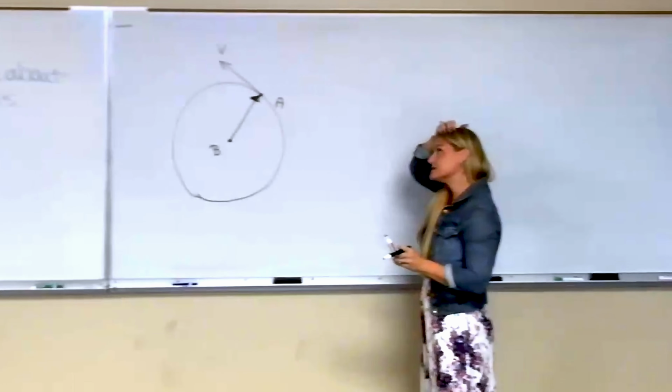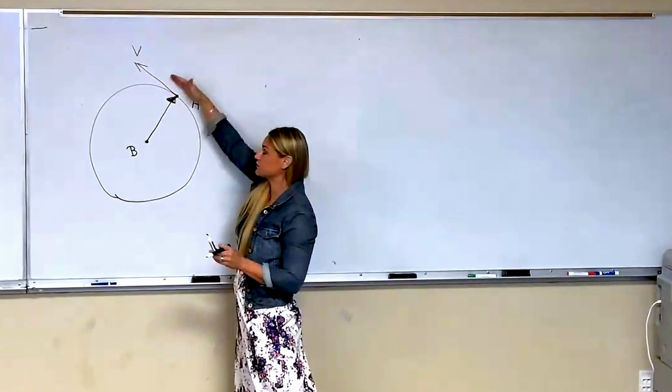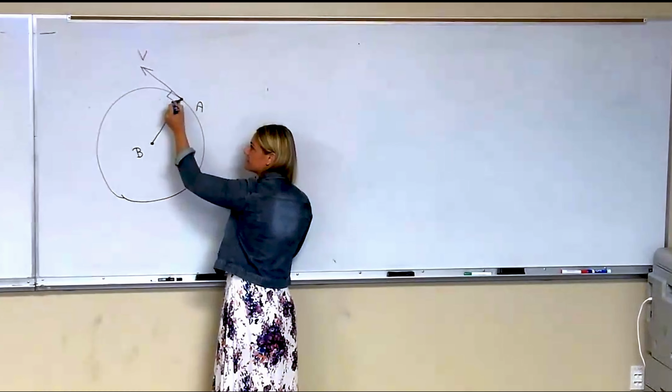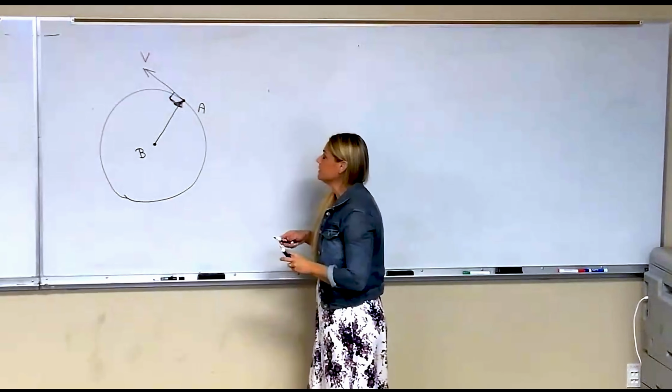You can also tell me that since the velocity is tangential to the curve, the angle between the position vector and the velocity vector has to be a 90-degree angle. So this is R A with respect to B.